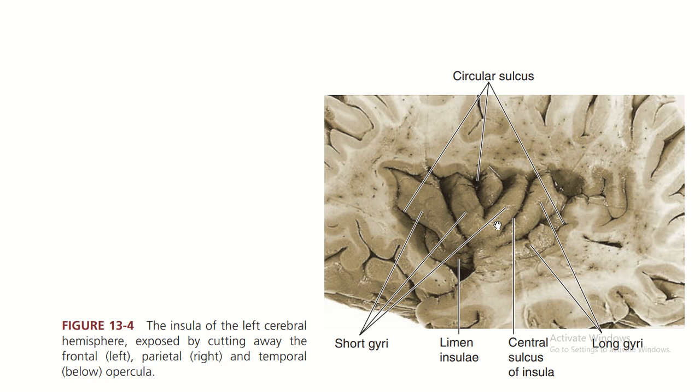So your insular lobe also has a central sulcus. This is your central sulcus right here. And what is anterior to the central sulcus, you're going to have your short gyri. And what is posterior to the central sulcus of the insula, you're going to have long gyri. And the insular lobe is responsible for visceral and olfactory functions. Done.